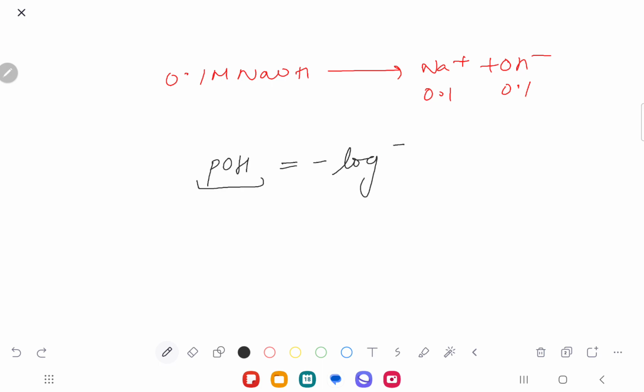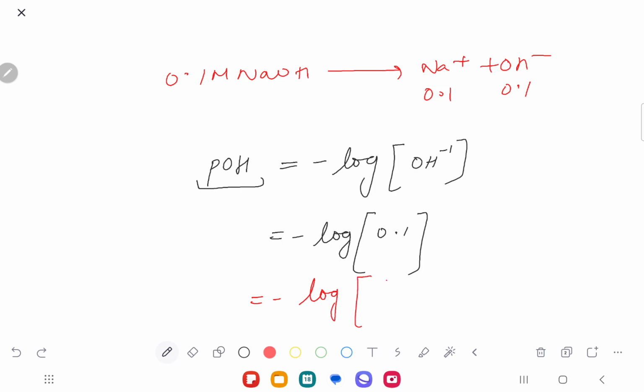Minus log of OH negative ion. So it is going to be minus log of 0.1, which is minus log of 1 over 10. So what am I calculating? I'm calculating pOH.